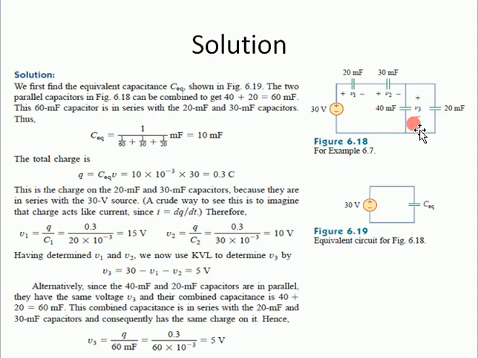Now this 60 millifarad, 30 millifarad and 20 millifarad, all these three capacitors are in series. So when we solve for these three capacitors, then C equivalent is equal to 10 millifarad.